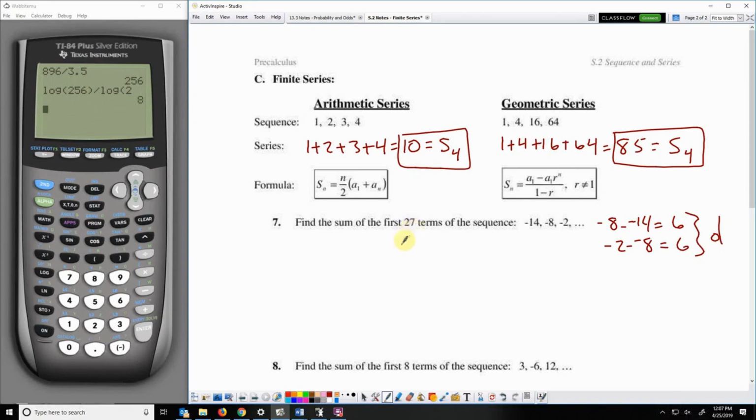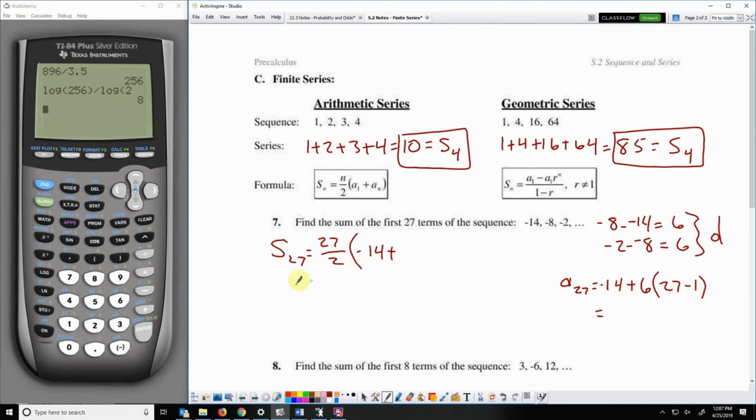Okay, so the sum of the first 27 terms of an arithmetic sequence, S sub 27, equals n over 2, 27 over 2, times the first term, negative 14, plus the last term, which means I actually need to know the value of the 27th term. So using the arithmetic formula, a sub 27 equals the first term plus the common difference times n minus 1, so 27 minus 1.